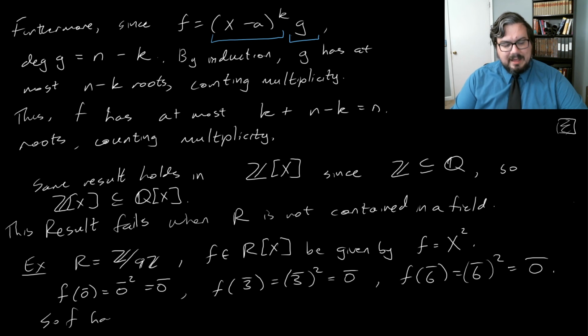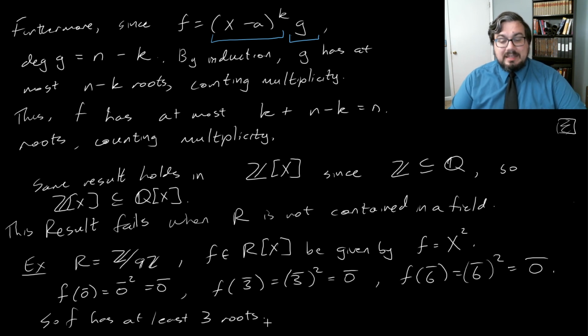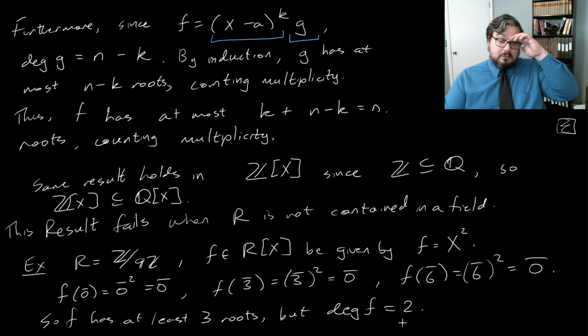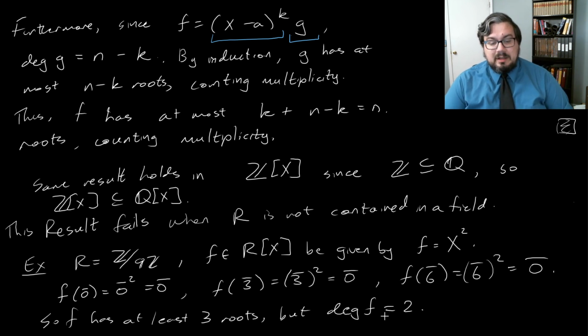So f has at least 3 roots, even though its degree is only 2. And one can come up with lots of examples like this. If one works hard at it, you can come up with nearly any combination you want, where f has some degree and some much, much larger number of roots.